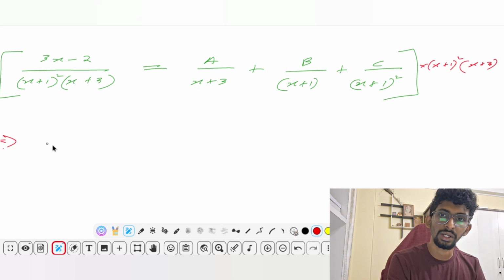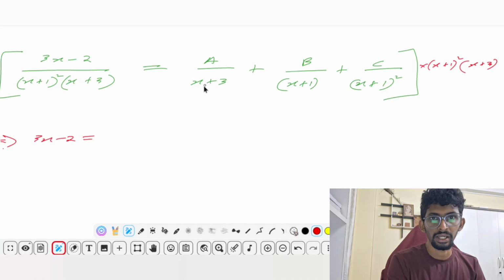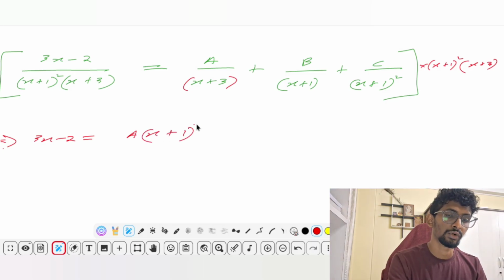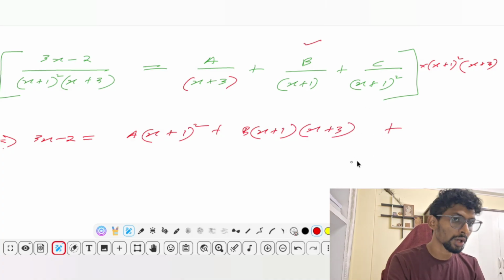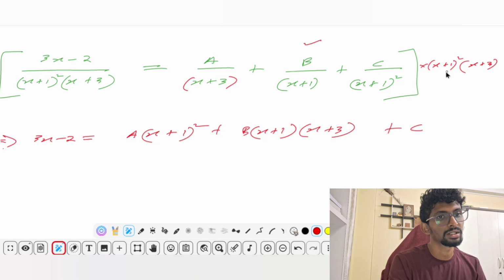So we will get 3x minus 2 equals a times this by x plus 3, so x plus 3 will get cancelled. We will be left with a times x plus 1 whole square, plus for the second term x plus 1 will get cancelled, so b times x plus 1 times x plus 3 will be left, plus for the third part x plus 1 whole square will get cancelled. We will be left with c times x plus 3.